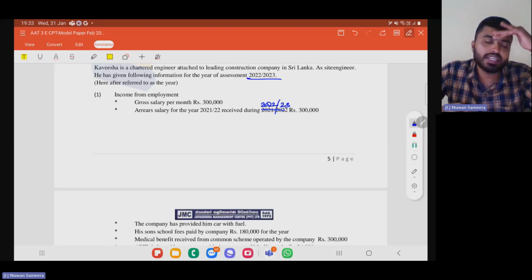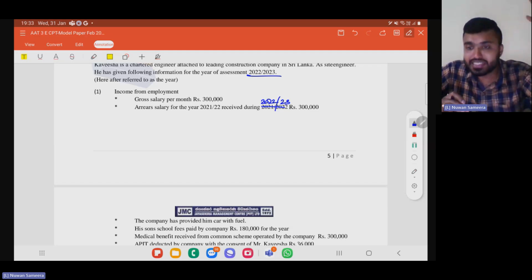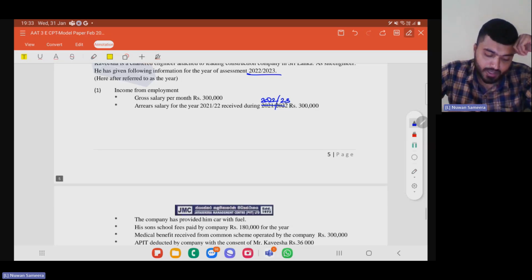However, as I told you at the beginning, employment income needs to be calculated under the cash basis. Under the cash basis, whatever amount is received during the period, it doesn't matter whether it is applicable to the previous year or the next year, you should take it as a part of employment income.